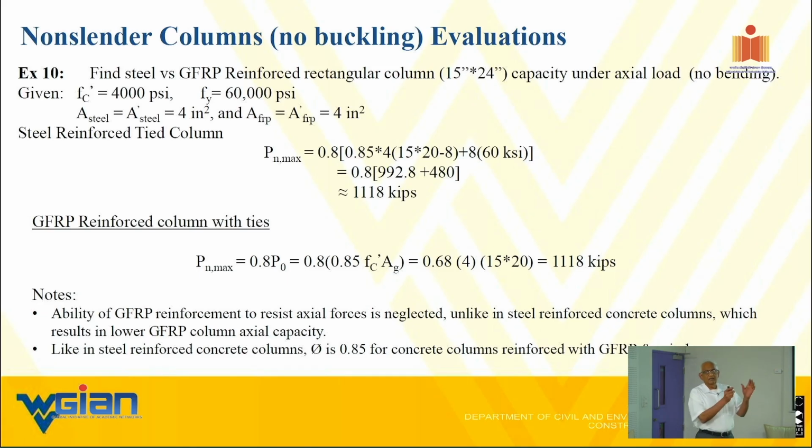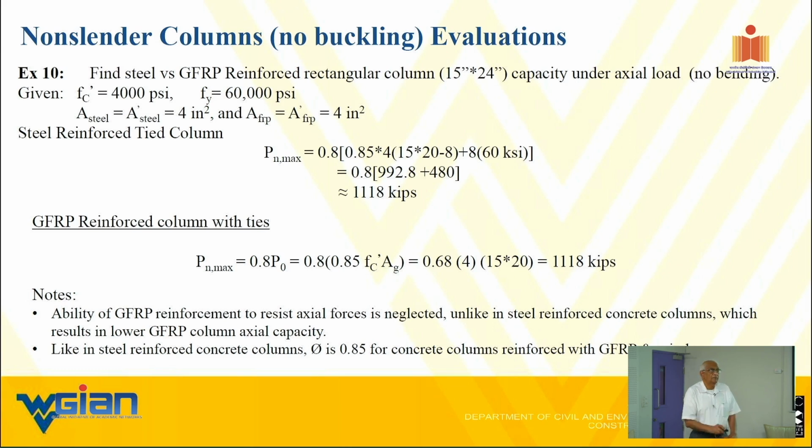If concrete as a gross section takes 100 units, corresponding steel is taking 0.03 times 10, that's 30%. So you have a reasonably substantial amount of load carried by steel. So that is in terms of steel. This is where the conflict comes in.